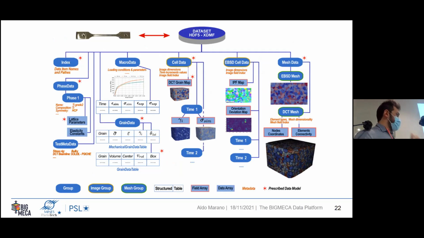And you get your statistical information that's per grain that has been computed from the simulations with, for instance, the lattice rotation here. That can be directly compared to the statistics that would be extracted from those fields once they will be computed for the several steps of the in situ test.